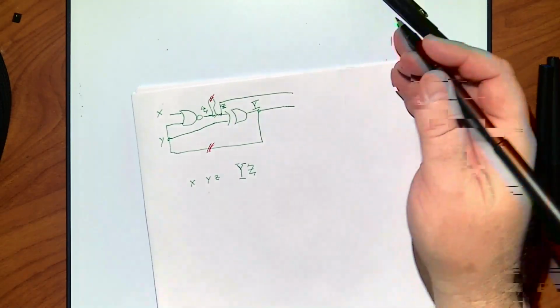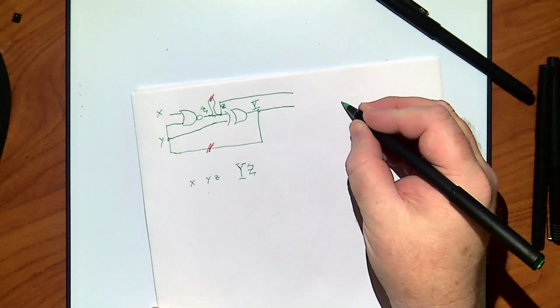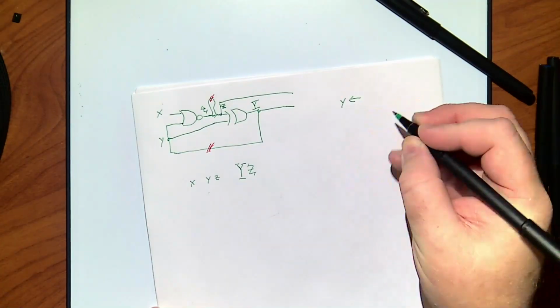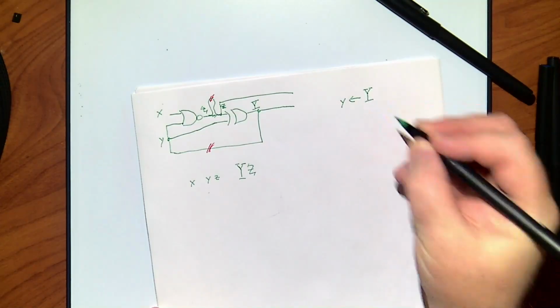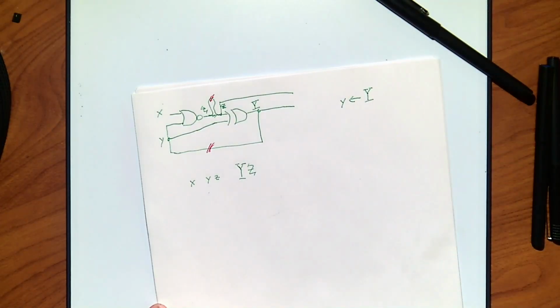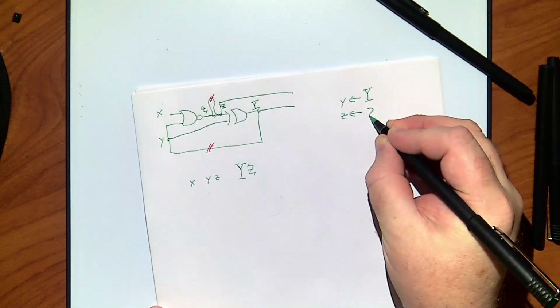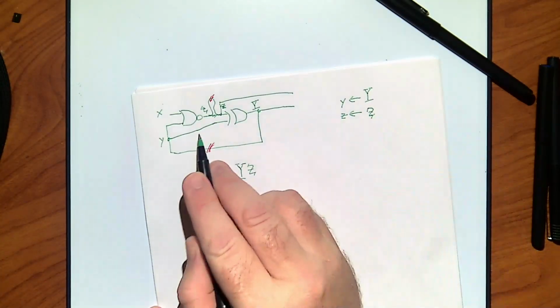All right. Now, some of these are pretty easy ones to understand, right? For instance, little y in a short period of time will get the value of what capital Y was. And little z is going to get the value that capital Z was.